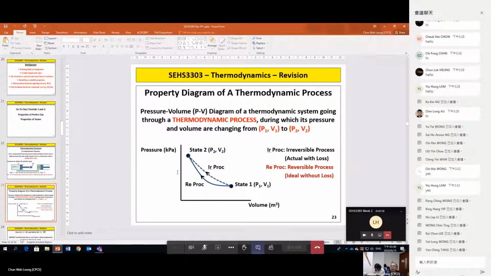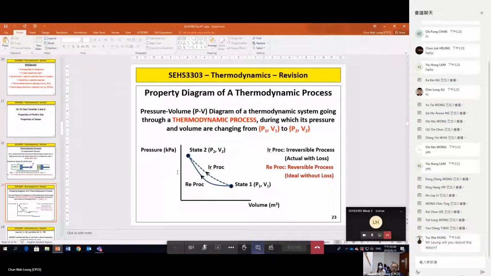Now, going back to the diagram we have, we are compressing air from low pressure, big volume, to high pressure, small volume. So at state 1, pressure is low, volume is big.